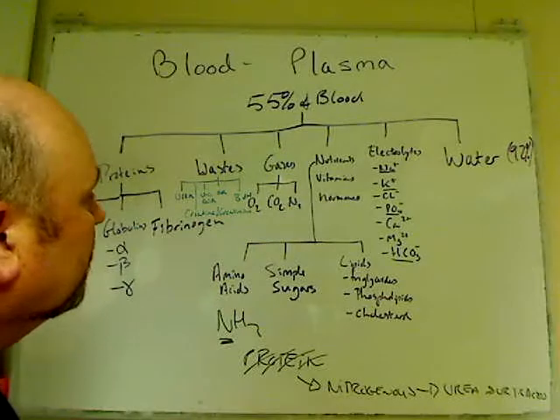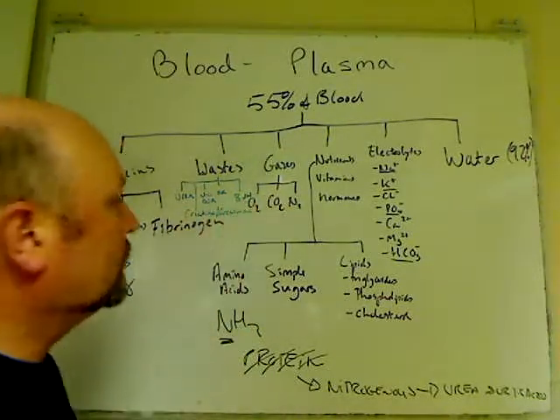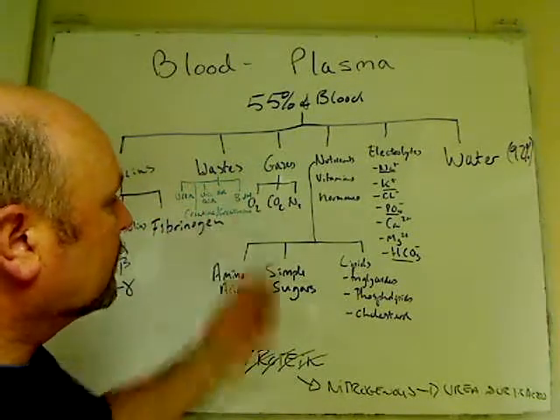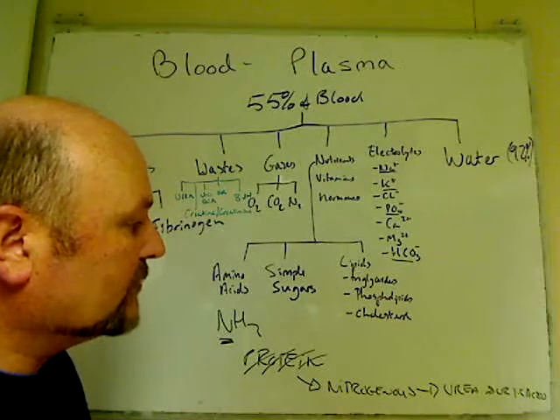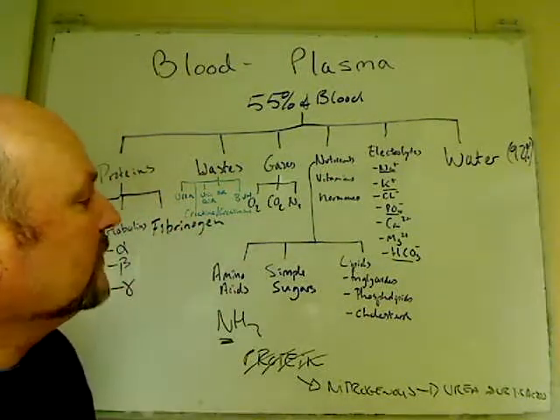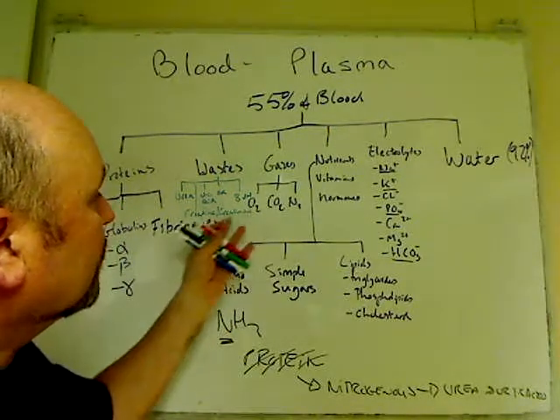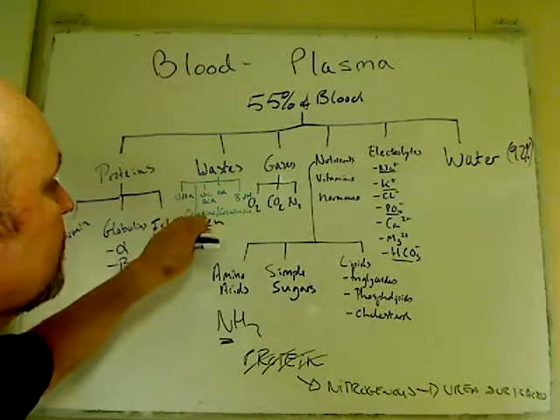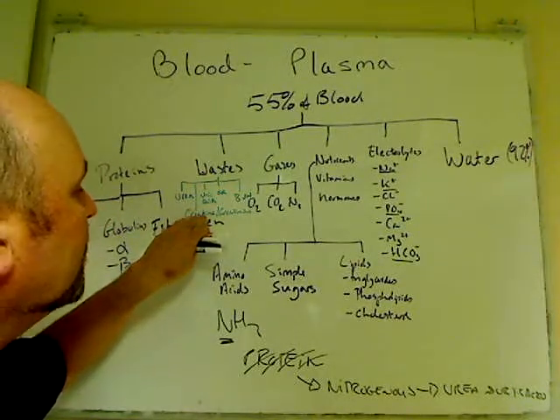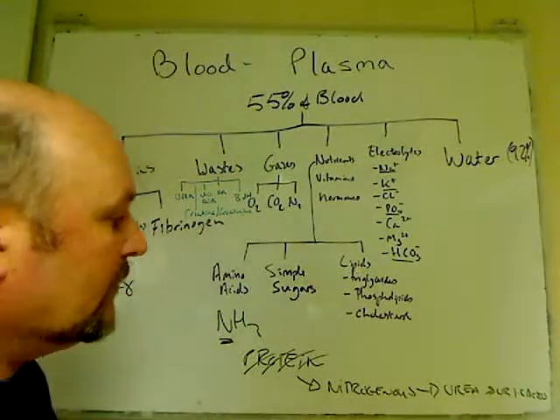And BUN and creatinine. BUN is blood urea nitrogen, and so that actually is a very important measure for us to look at the health of the kidneys, and we compare that along with the creatine and creatinine, which is used in the muscle cells to phosphorylate ADP to get quick energy, and creatinine is a breakdown product of that process.